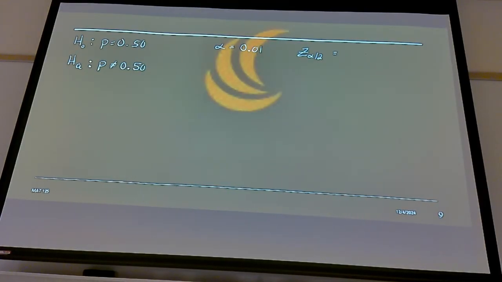That was the 0.10. So for 0.01 it's 2.576.